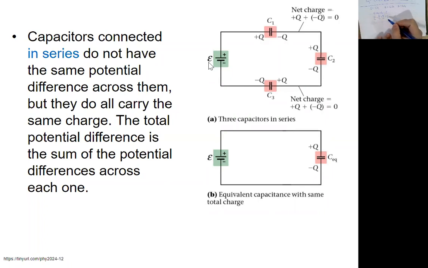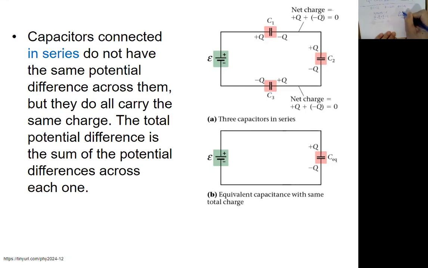Now if you replace the three capacitors with this one equivalent capacitor, then, actually, the other way around, sorry: Q should be equal to the capacitance times the voltage, which is epsilon.